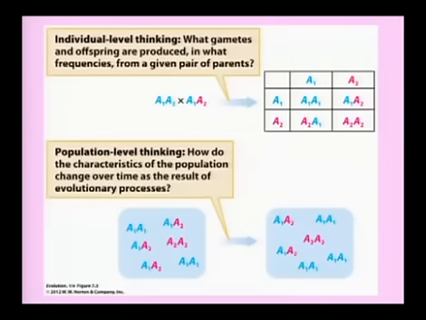So individual thinking would be like what gametes and offspring are produced in what frequencies from a given pair of parents. And you might do something like that Punnett square up there. Remember, Mendel would take individuals and mate them with other individuals and then get F1s. Then we take these F1s and mate them against one another and get an array of F2s.